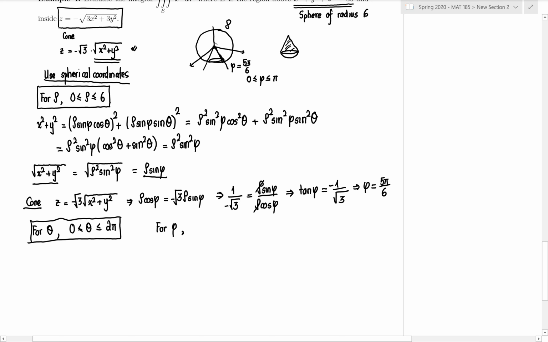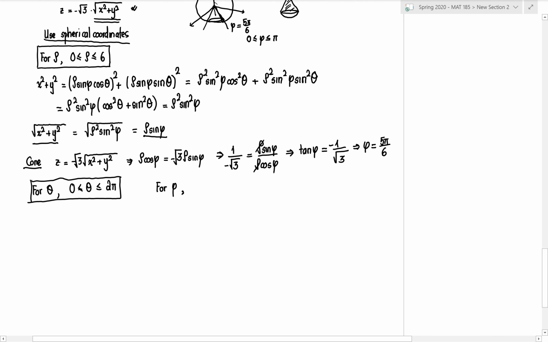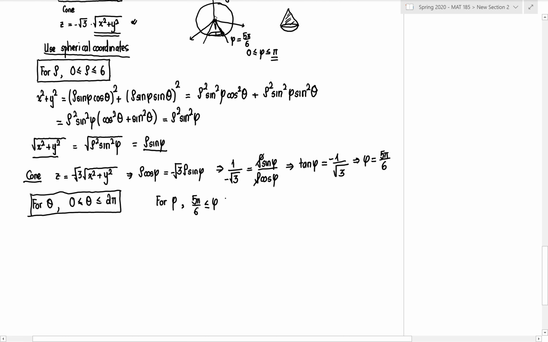To be inside the cone, the angle I make with the positive z-axis should be bigger than that. So my lower bound for phi is 5 pi over 6, and there's no restriction on the other side because we go all the way to the negative z-axis. Everything in there is included, so we get pi.